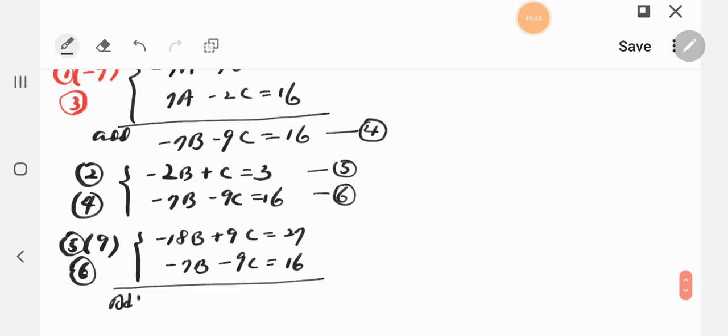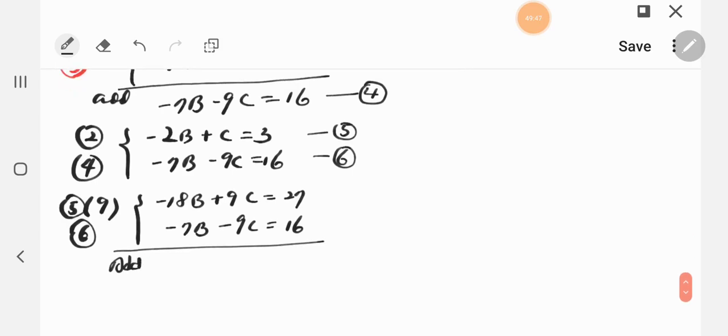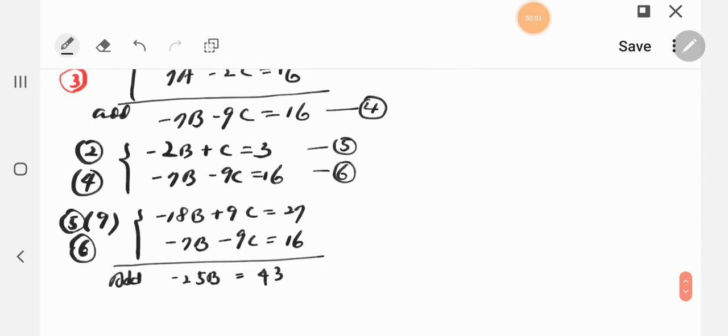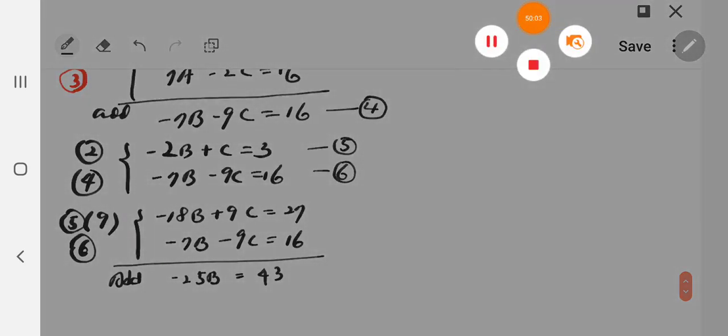Add these two equations. Negative 25b equals 43. Still, we don't have the number. The number is not right.